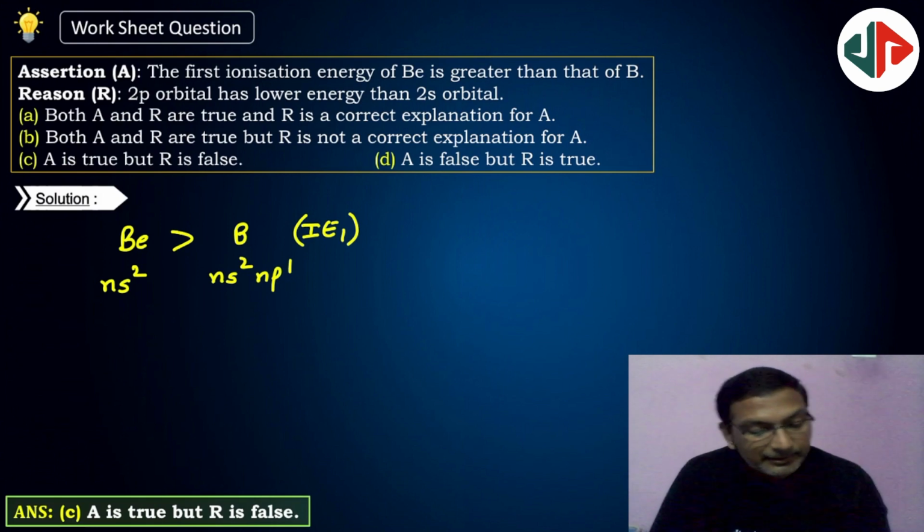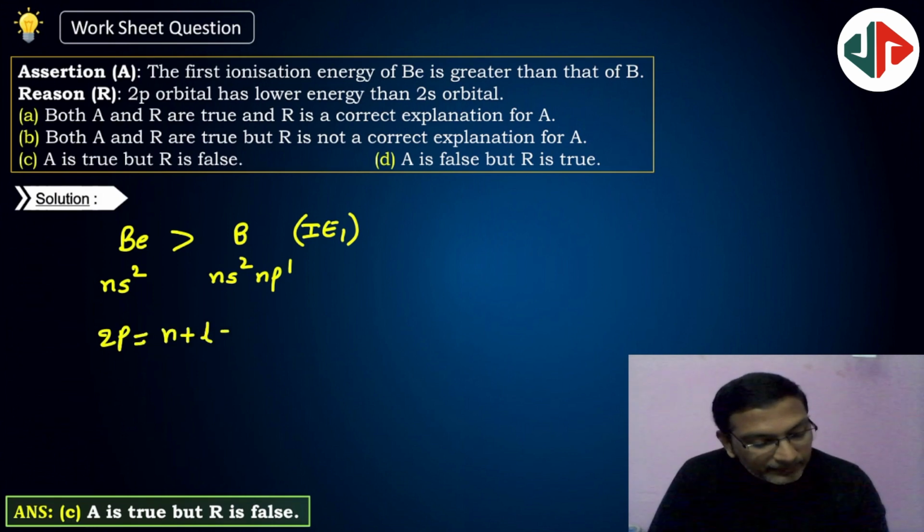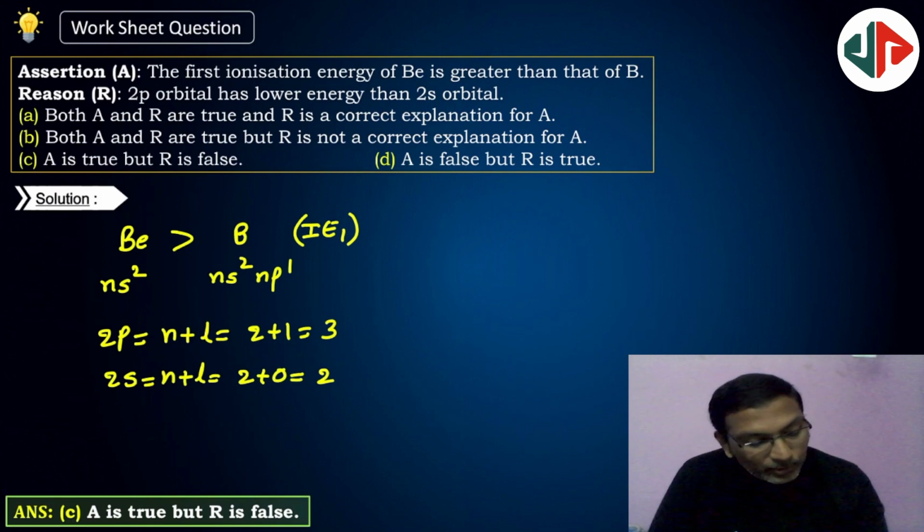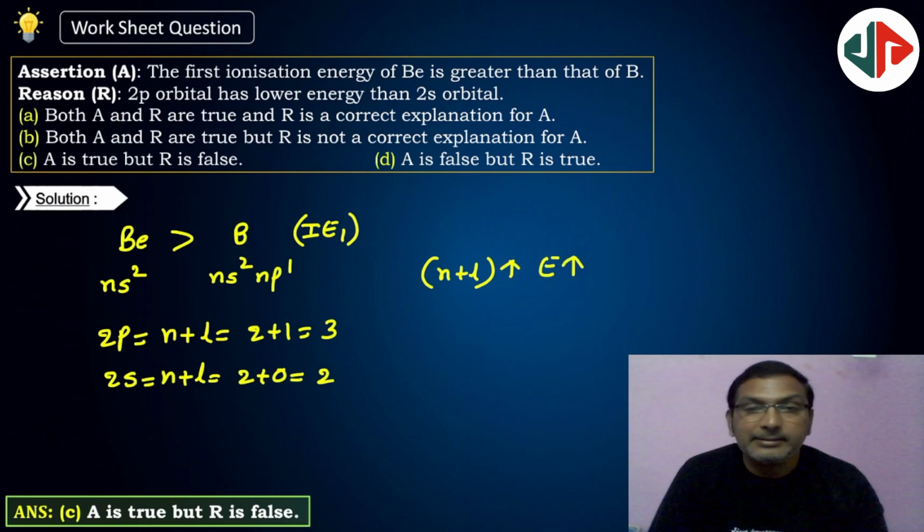So assertion A is correct. Next, 2p orbital has lower energy than 2s orbital. That is wrong. For 2p, n plus l value is 2 plus 1, 3. Next, 2s, n plus l value is 2 plus 0, 2. So as n plus l value increases, energy also increases.